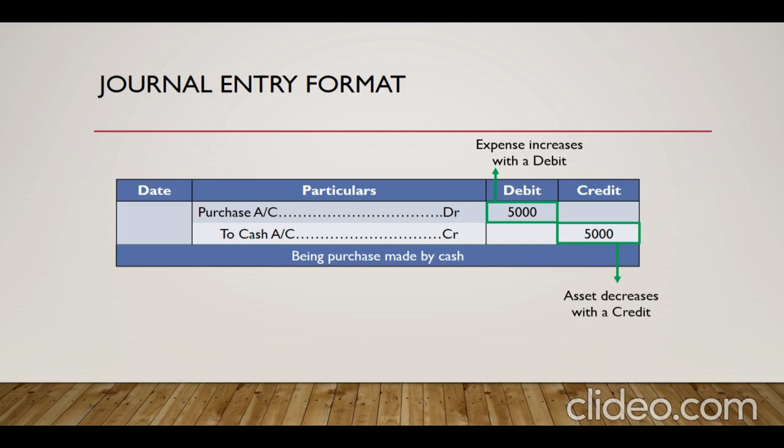There is an increase in purchase, and purchases are expense accounts. We denote an increase in expense with a debit, and there is a reduction in cash because we are paying cash towards the purchase, and an asset account like the cash account decreases with a credit, so that is why we credited the cash account.